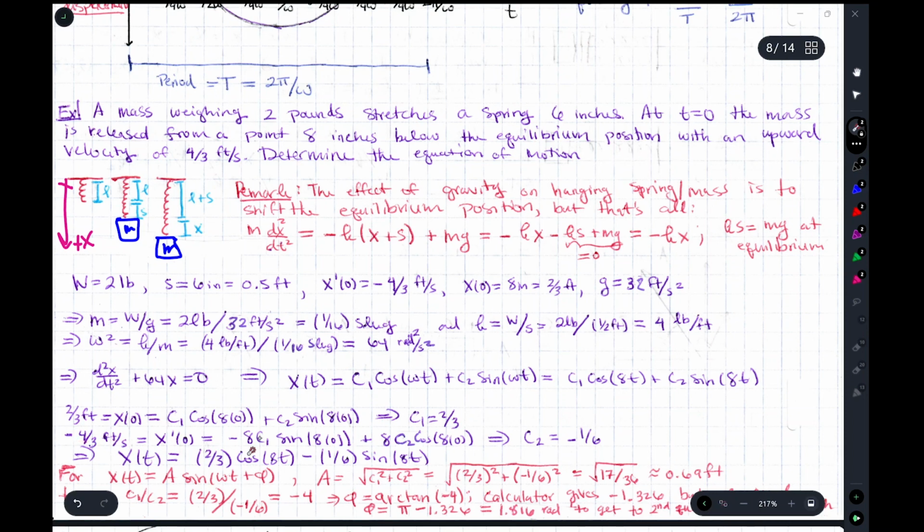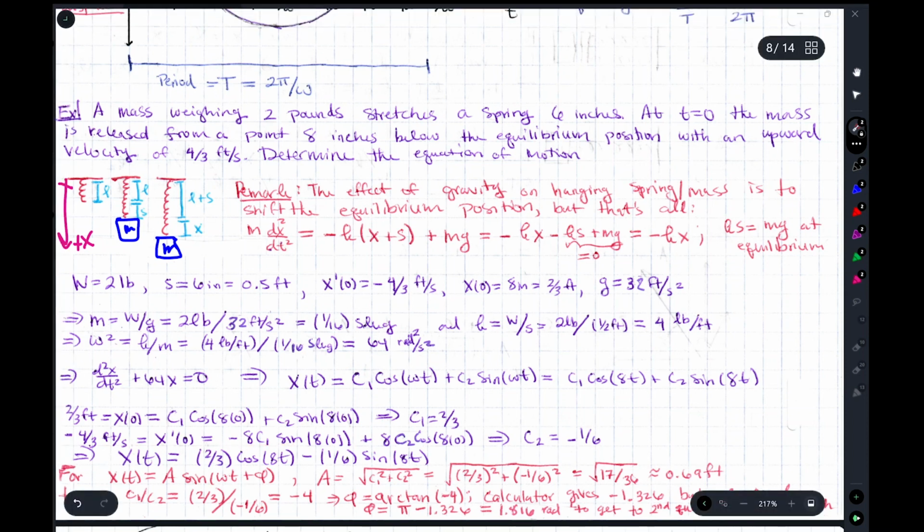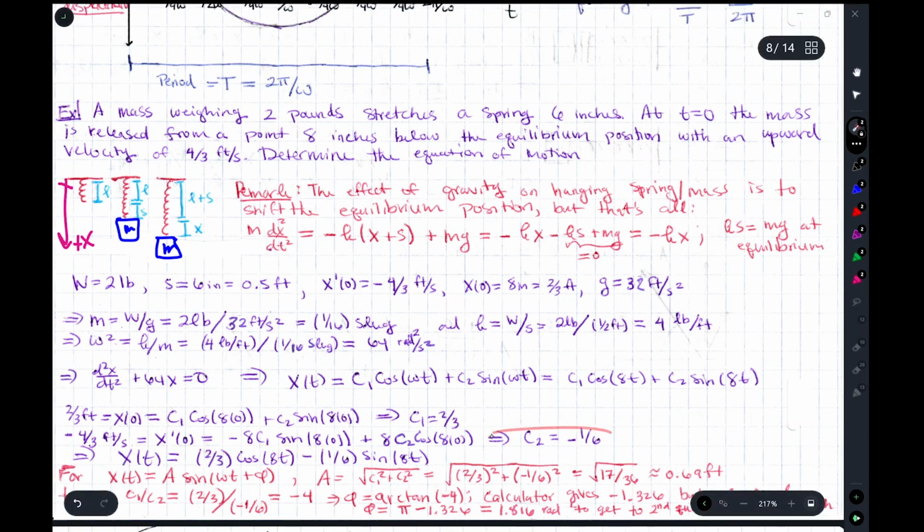Then you plug in t equals 0 into the derivative. That's important. You don't plug in 0 and then take the derivative. You take the derivative and then plug in 0. You apply the initial condition for the velocity, and you get that for C2. And so we fix C1 and C2 by the initial value problem, and we get that for our solution to the initial value problem.